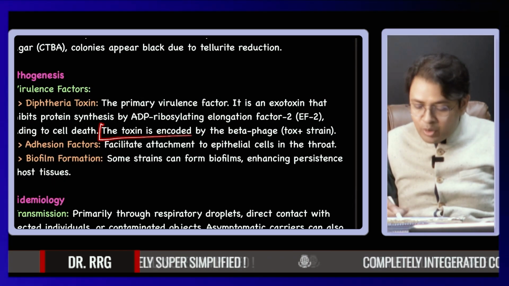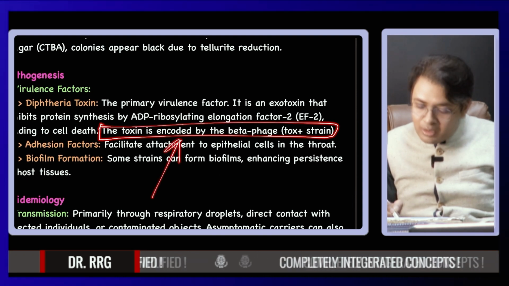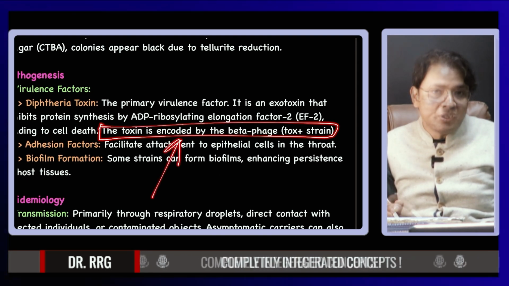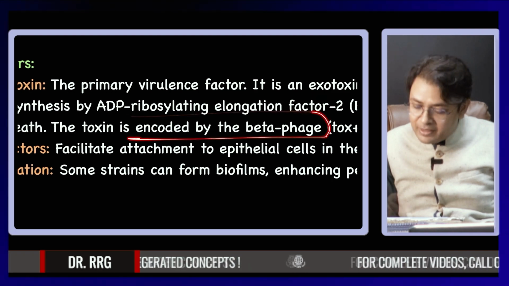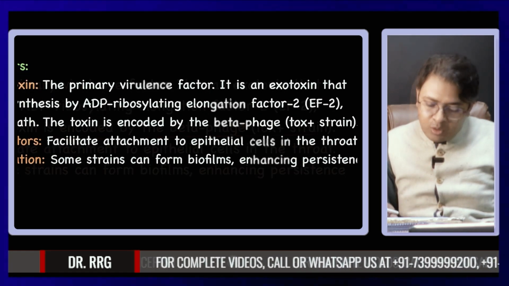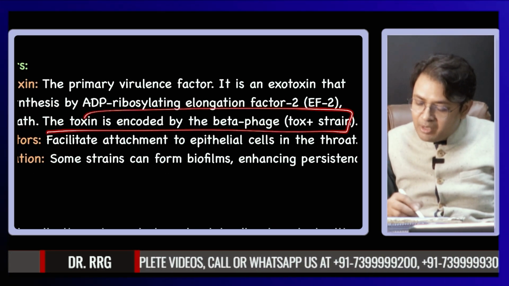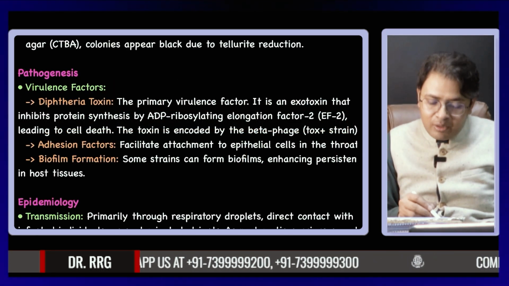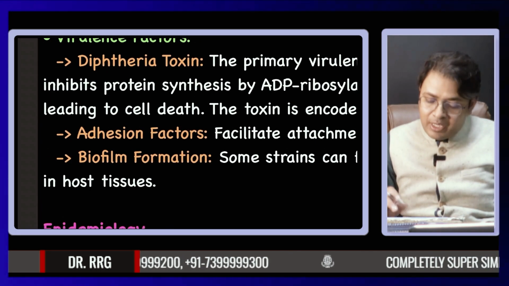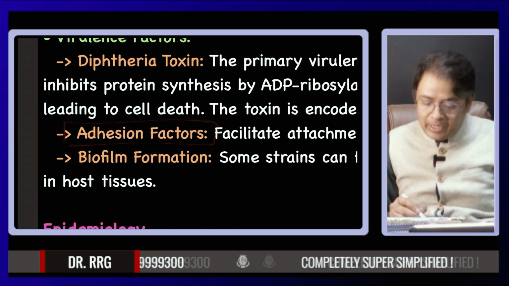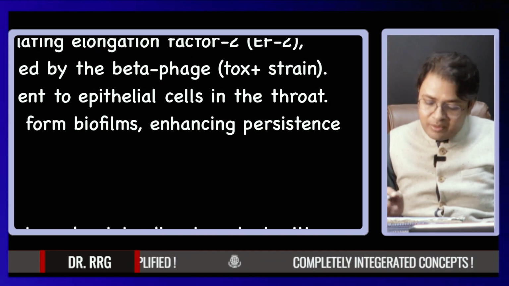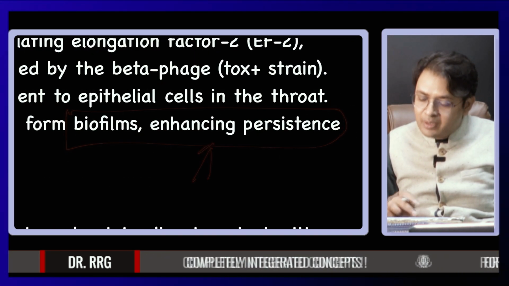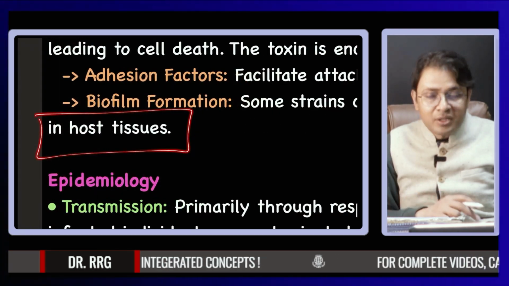The other important statement is that the gene associated with diphtheria toxin is encoded by a virus, not by the bacteria. The toxin is encoded by beta phage virus. The other virulence factor of the bacteria is the adhesion factor. They can cause biofilm formation for their survival. Because of biofilms, they enhance persistence in host tissues.